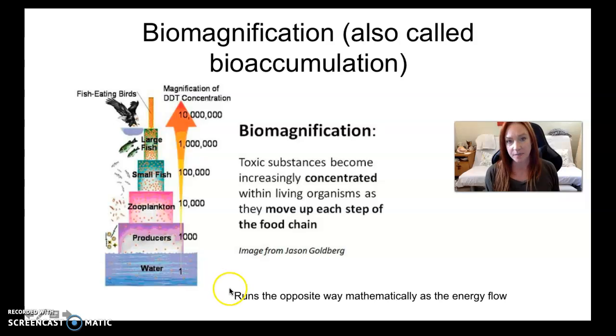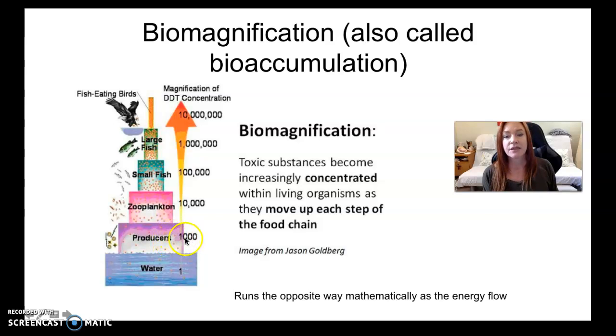That has an opposite trend as you go up the trophic level, as you go up the food chain. All of the toxins in an environment actually stay in the tissues at each level in every organism. So if we have producers that absorb from water 1,000 units of a poison, in this case, DDT, back in the 1960s, 1970s, this was discovered.